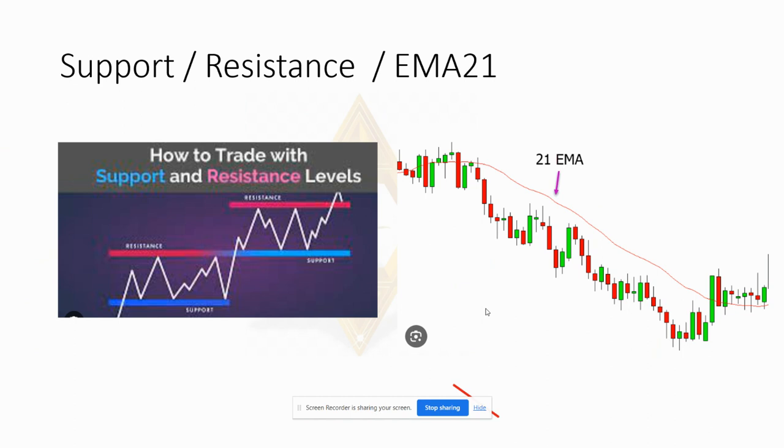The red line shown as resistance: when price crosses it, I would say in my video that the price is breaking the resistance and you can go for buy. At the same time, if the market breaks this number below, the market will go further down. That means it is breaking the support.